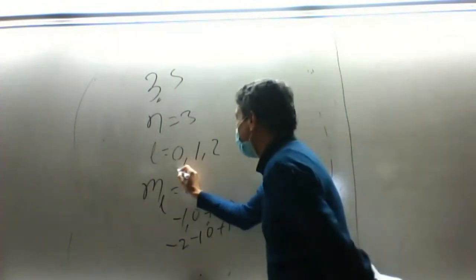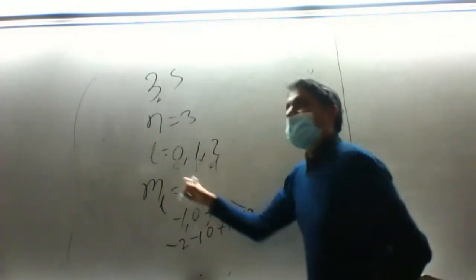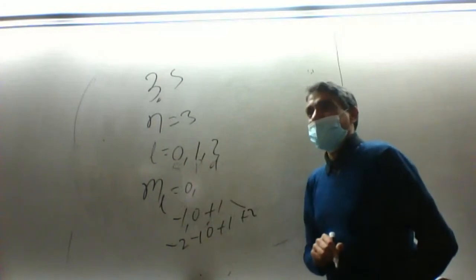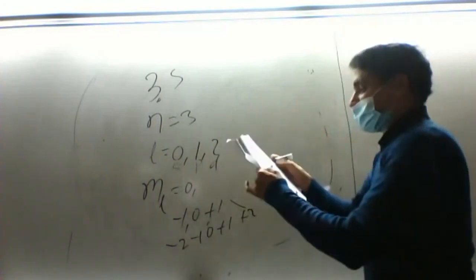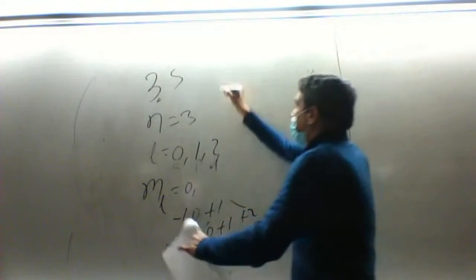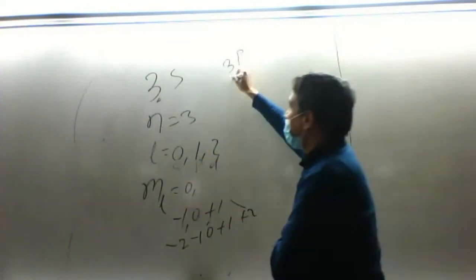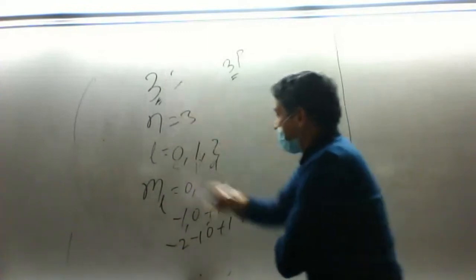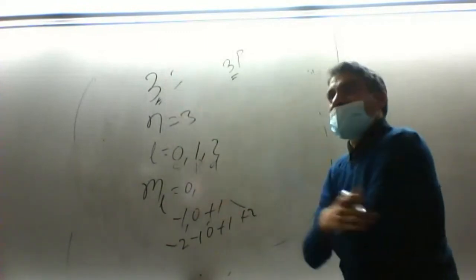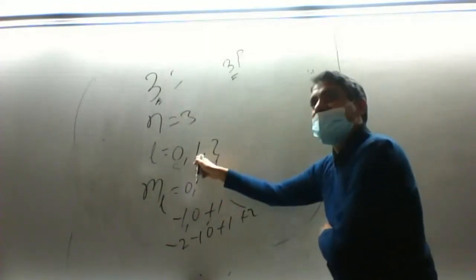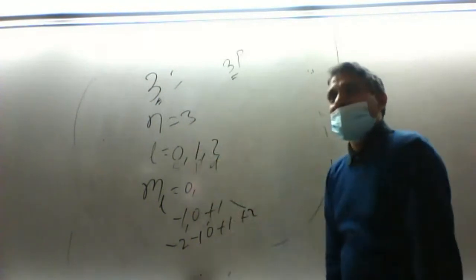Now because this is S, this is P, this is D, we give names for the L. Now 3p: is it possible or not? Let's see. This is 3. Now is there a p orbital within this system or no? This is p. You can see here, right? Any question there?